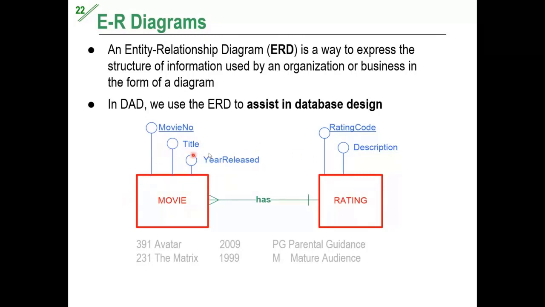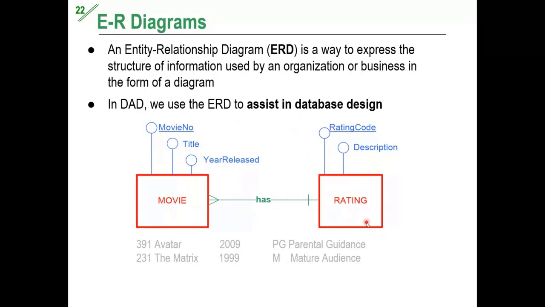So what we have done now is we identified two objects, and then we can realize what is the relationship between these two objects, right? Movies and the ratings have a relationship, yes. Every movie has a rating, right?